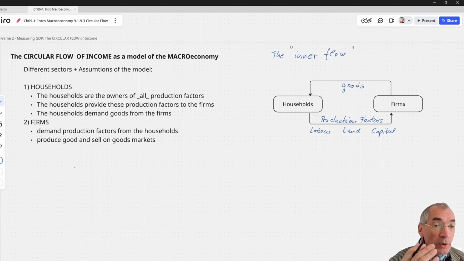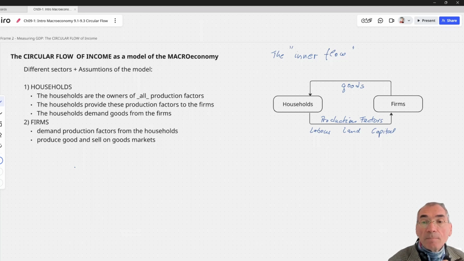When I work in a company, the company has to pay for the service of my labor, and we call this wages. But also if a firm rents my property in order to do their production there, they have to pay exactly this, rent.